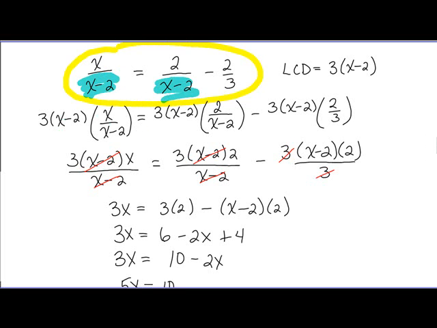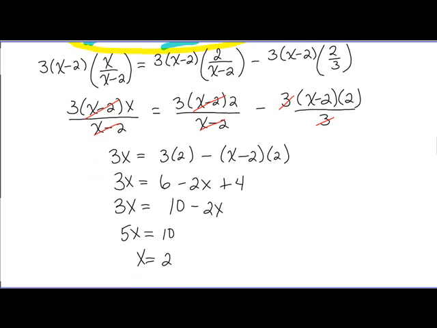So what we've got here is a solution x equal 2, which is a solution to the equation that we had when we cleared the fractions. It is not actually a solution to the original equation. So there is no solution to this problem.